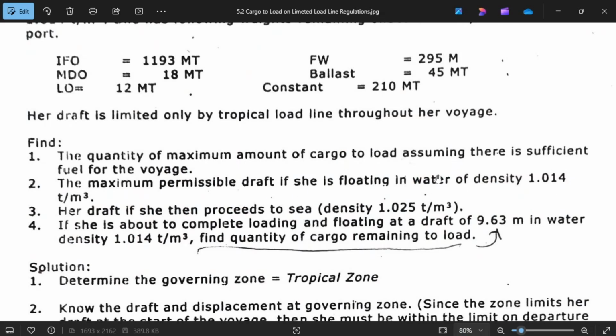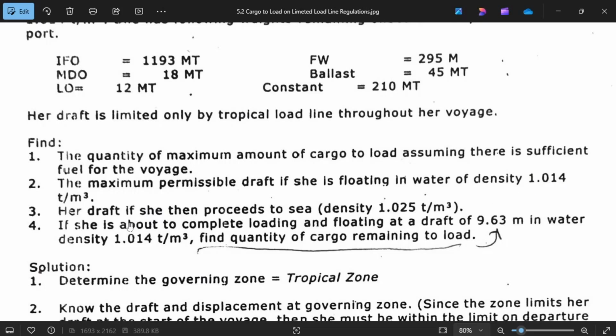Okay, since this is the local density, the vessel will sink, meaning she will have more draft.